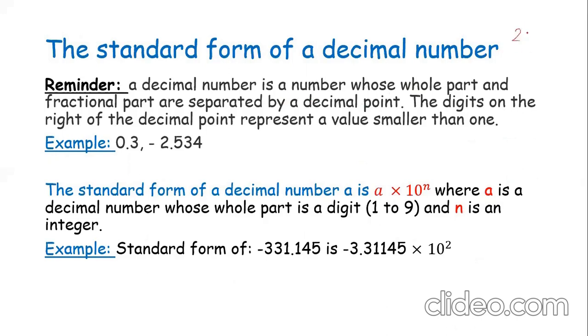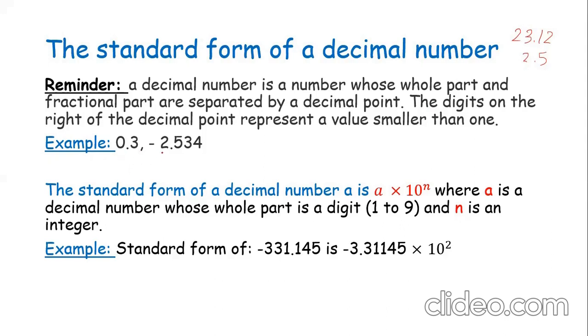For example, 23.12 or 2.5. The digits on the right of the decimal point represent a value smaller than 1. So here 12 represents 12 over 100, and here 5 represents 5 over 10.